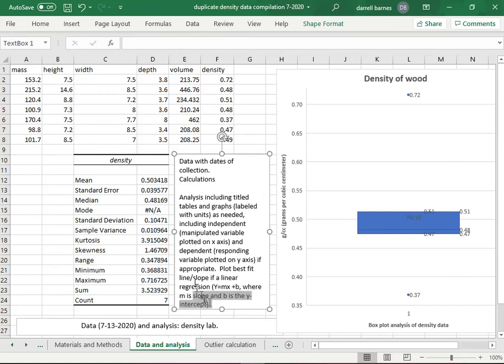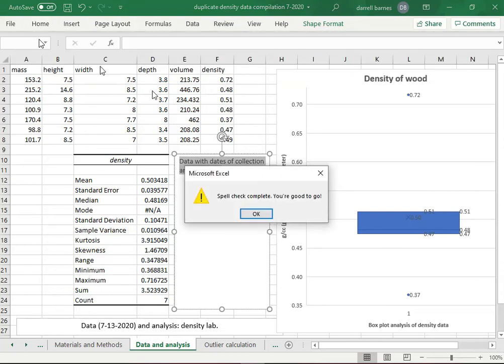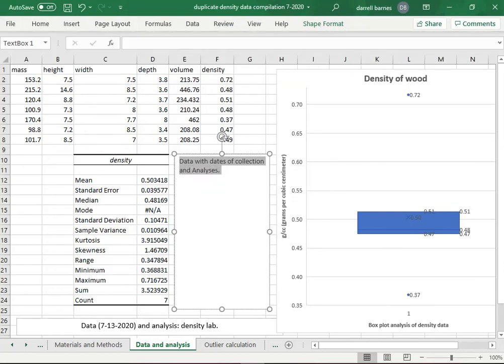But let's get rid of this. Data with dates of collection and analyses. Is that plural? Is that correct? Let's check that. Now that we know where the spell check is located. Bam! That's awesome.